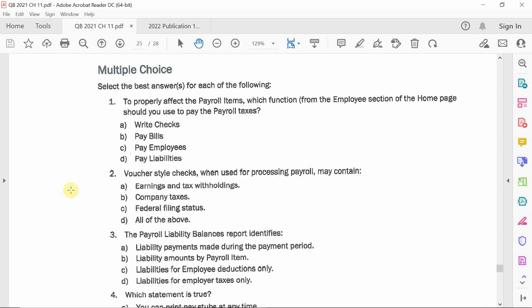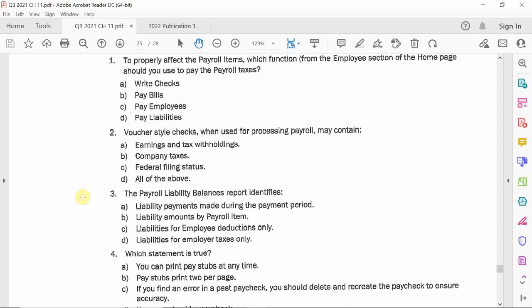You will not be seeing what the company pays. Federal filing status, no, you wouldn't necessarily see that on there. Again, that's going to be on your W-4 form. But I think, if I'm not mistaken, your pay stub information does tell you what filing status you are, whether you're married or single. But in number 2, it does say that for voucher style, you normally only see your earnings and your pay stub tax information and your year-to-date information as well.